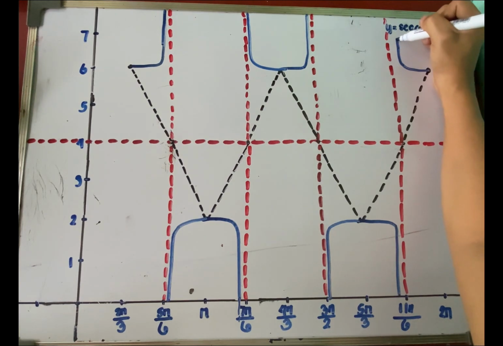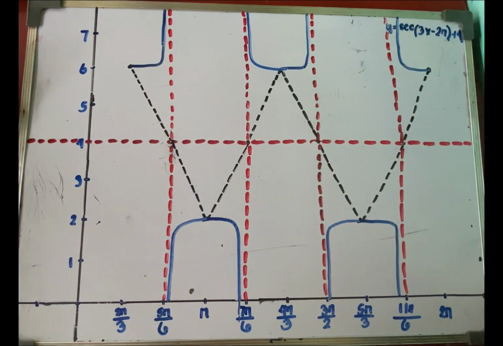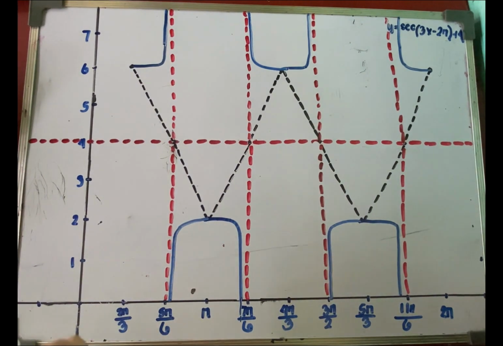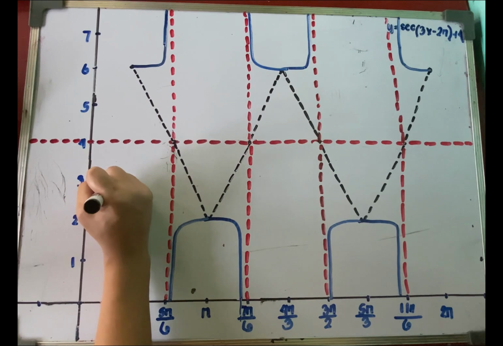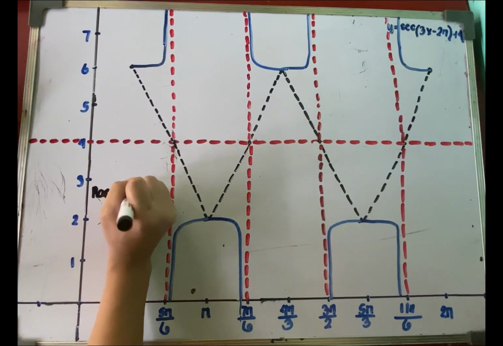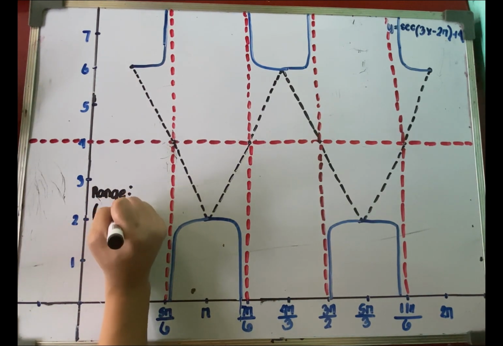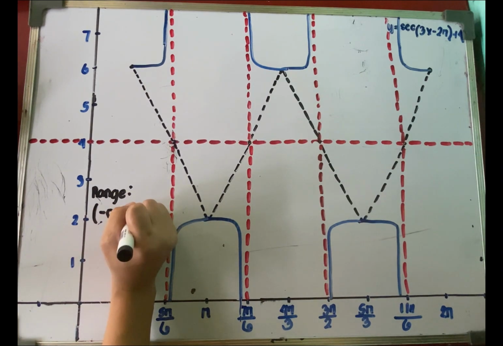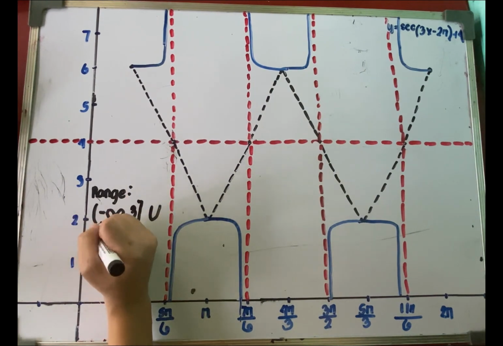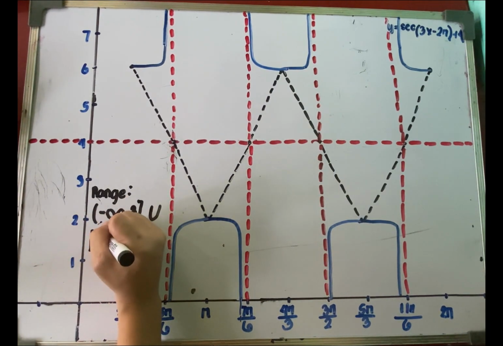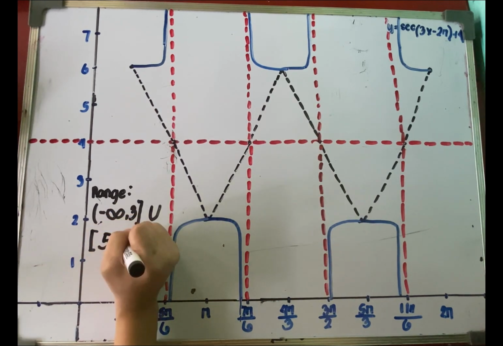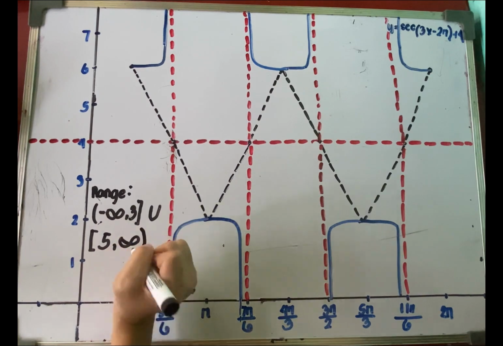After doing this graph, we'll now proceed to writing our domain and range. Since we're done with our graphing, we can do the domain. So our range is from negative infinity to 3, union 5 to positive infinity.